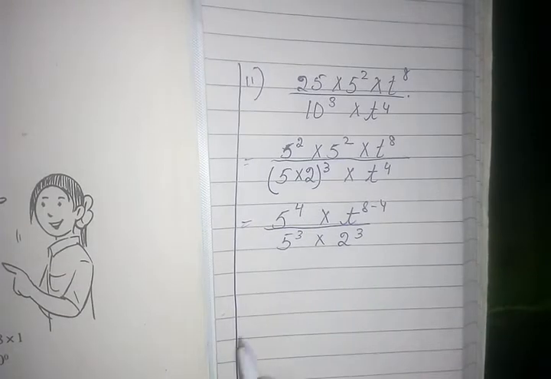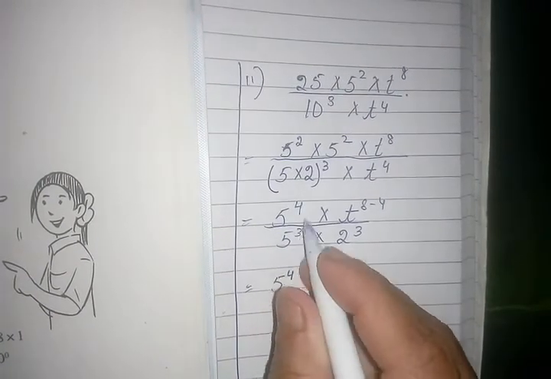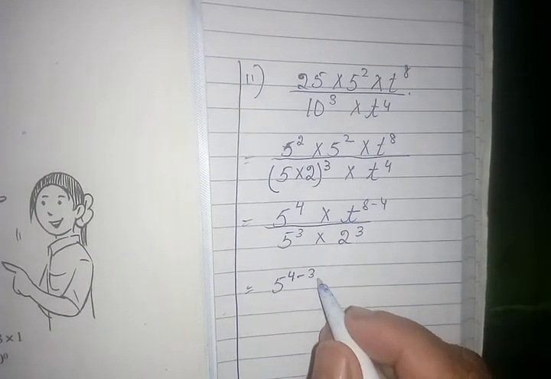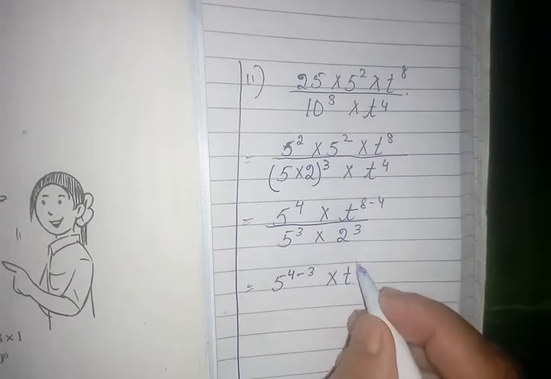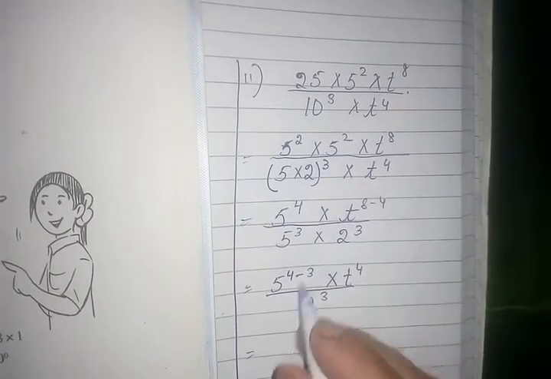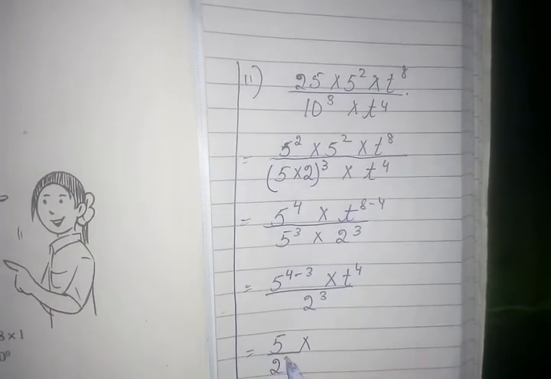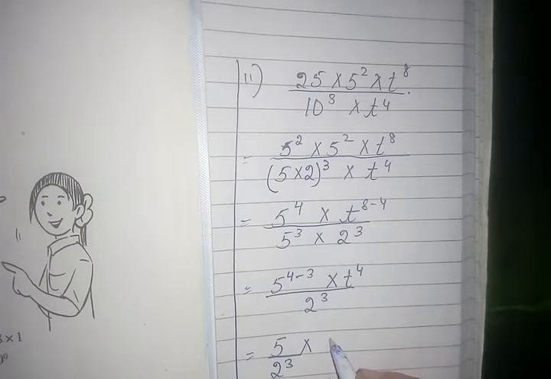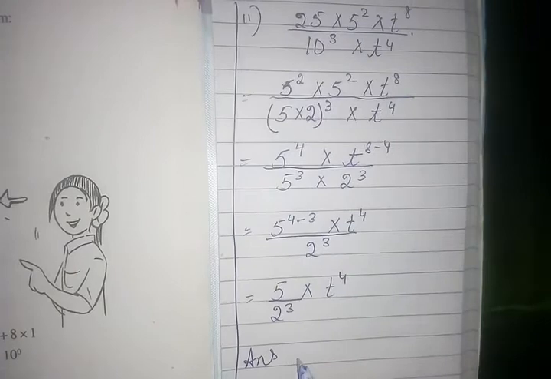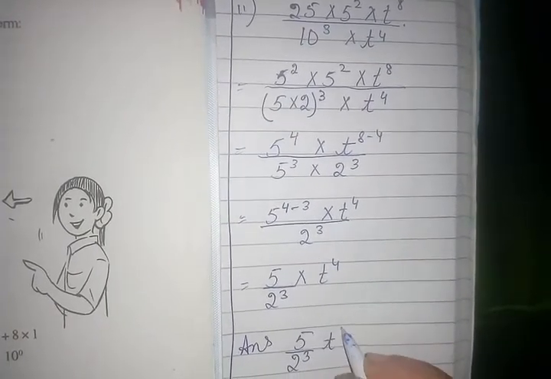Okay, now 5 raised to power 4, the bases are same, so division is there, powers will be subtracted, into t raised to power 4 over 2 cube. 4 minus 3 is 1, 2 raised to power 3 into t 4. So your answer will be 5 by 2 cube t 4.